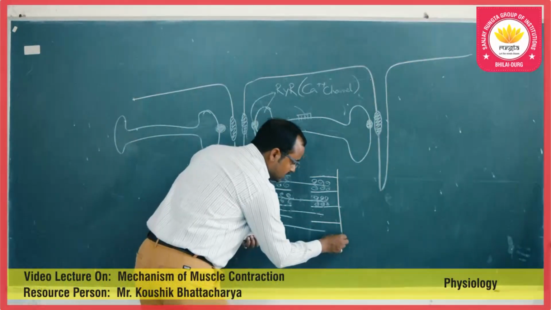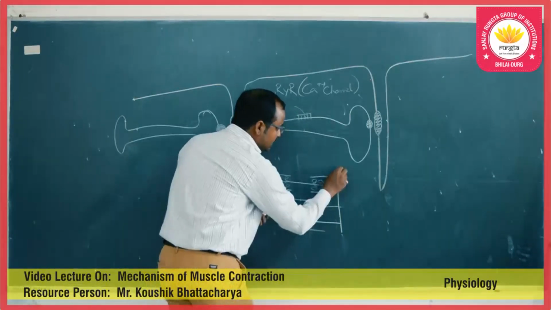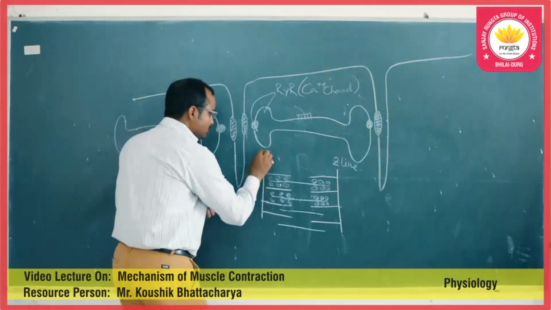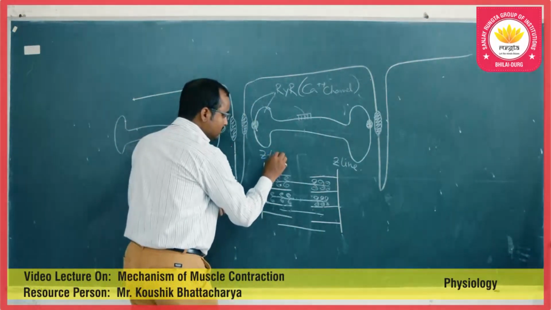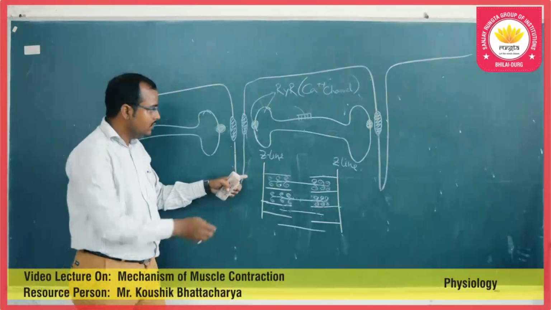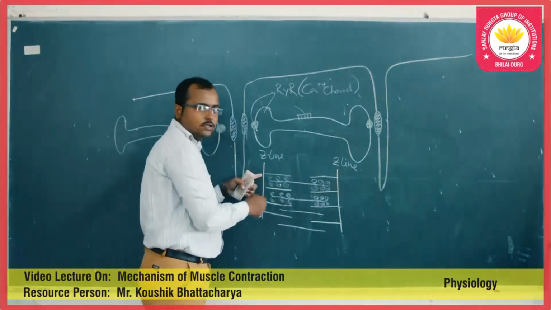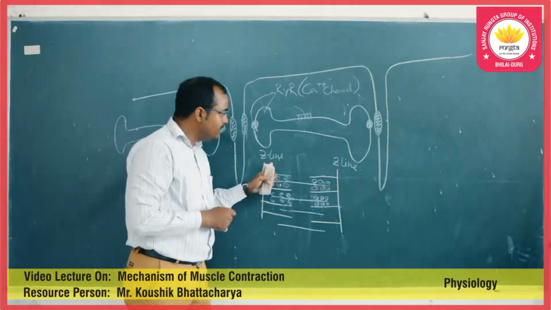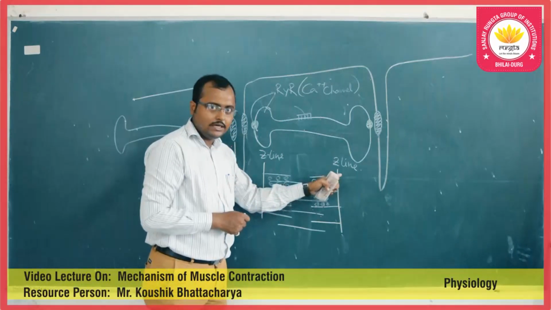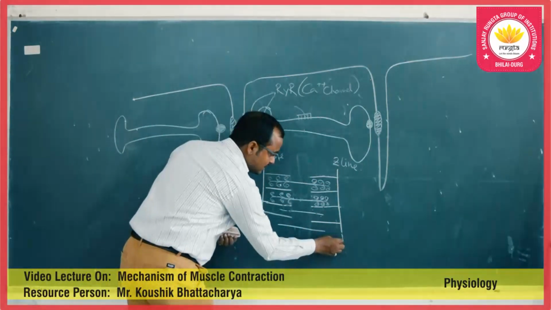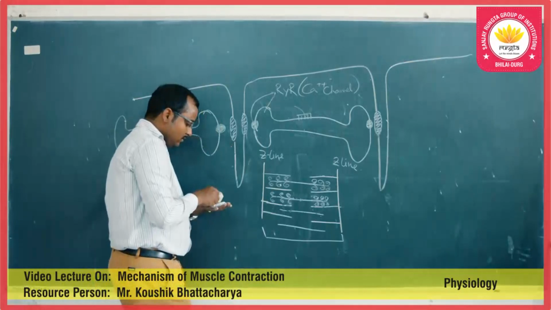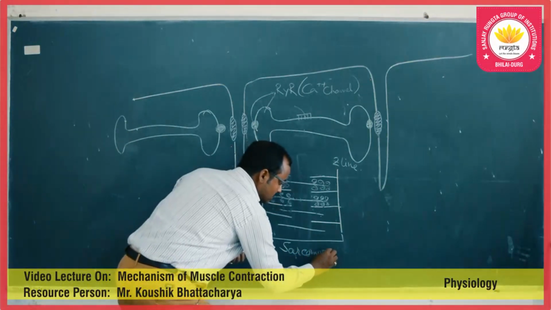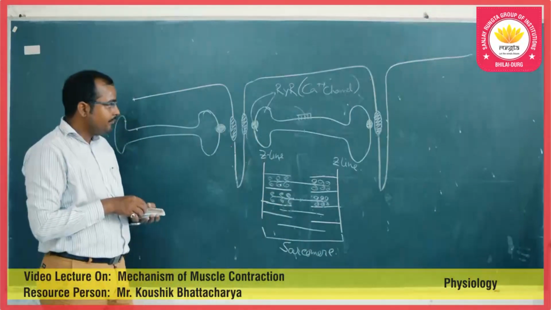And this area is known as the Z line. Again, another Z line. From the Z line area, these actin filaments will start their travelling. So the distance between one Z line to another Z line is known as the sarcomere, right?